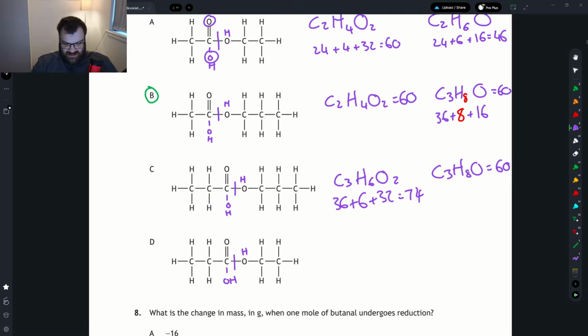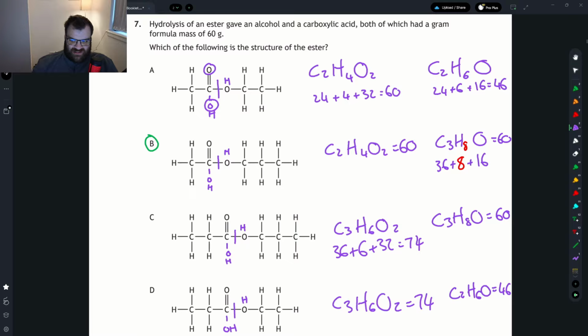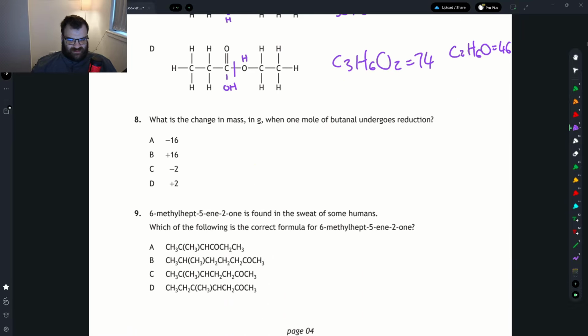And then the last one, C3H6O2 is 74. C2H6O, like the ones above, is going to be 46. Not the same and not both. 60 for that. So it's testing our ability to split the ester. I was good at that. Counting the number of carbons and hydrogens, I was mostly good at that. Working out the GFMs, I was good at that. And then that will give us our answer of B for that one.